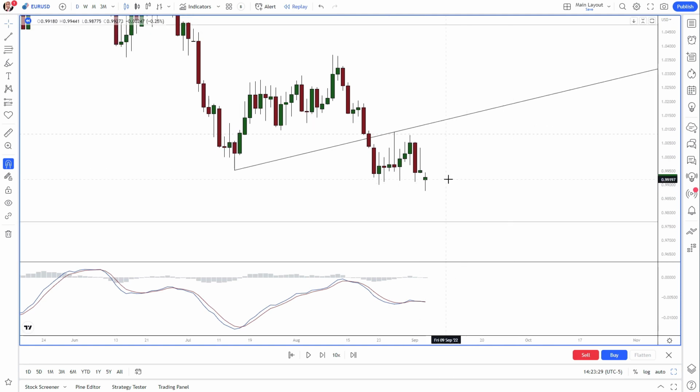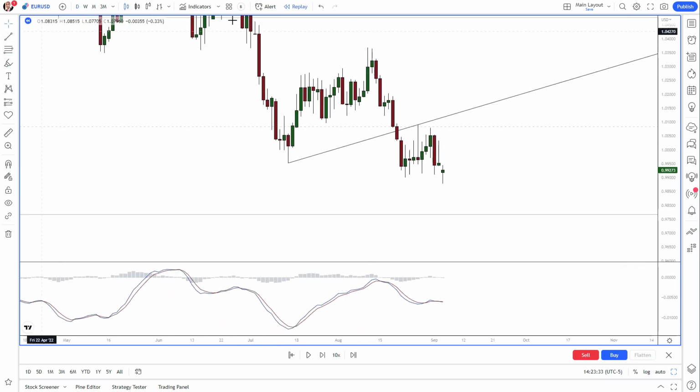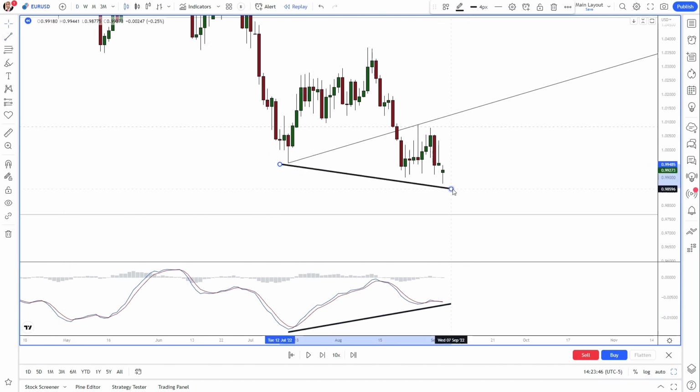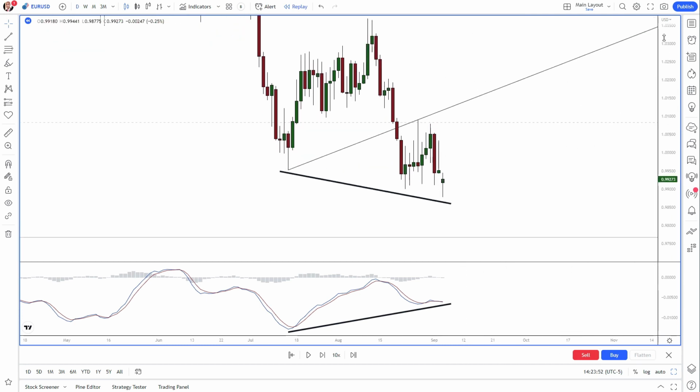If I'm being patient enough and I see that there's potential divergence, let me take my divergence drawing tool. I see a low to another low, and this here is also a low, potentially making a lower low. I'm not going to be looking to go long because my long-term perspective was bearish.